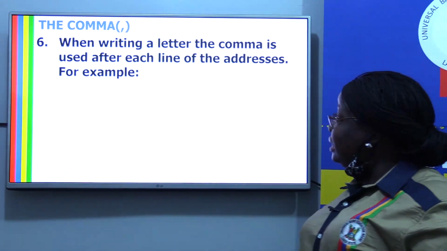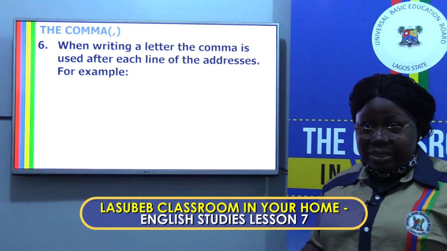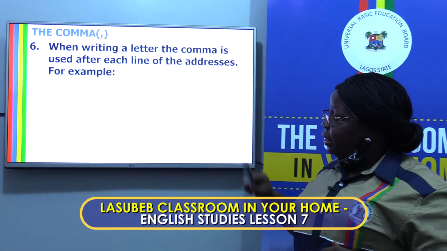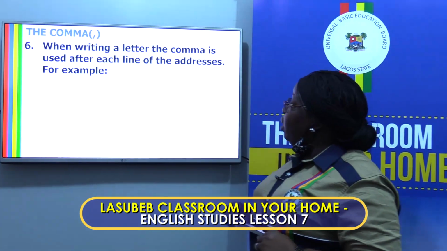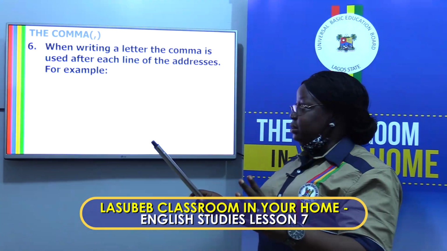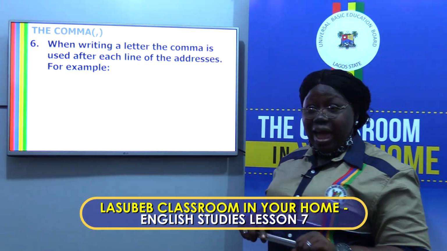When you're writing a letter, the comma is used after each line of the addresses. Remember our letter writing class in Basic 5? Yes. When you're writing the address, the comma comes after each line of the addresses.